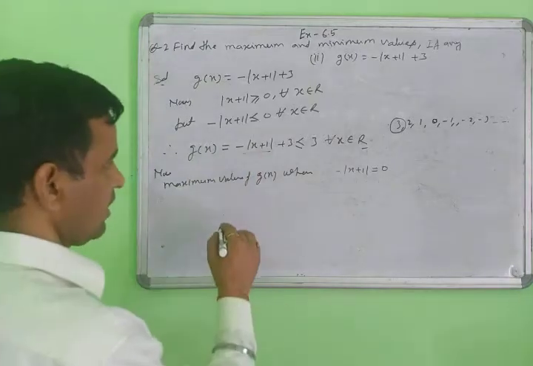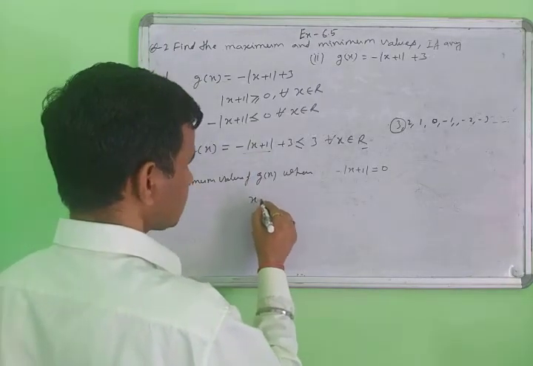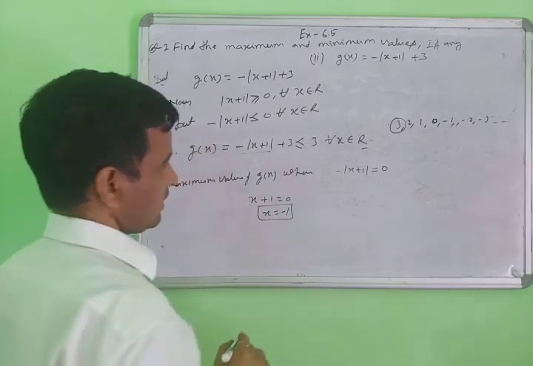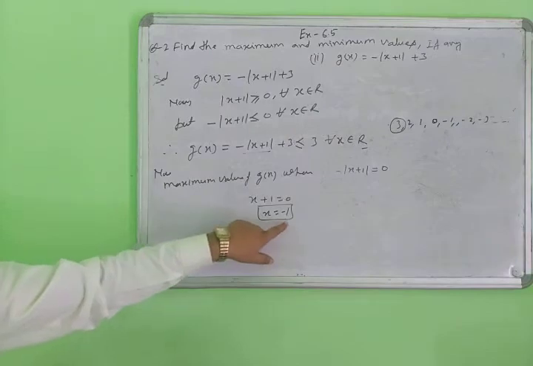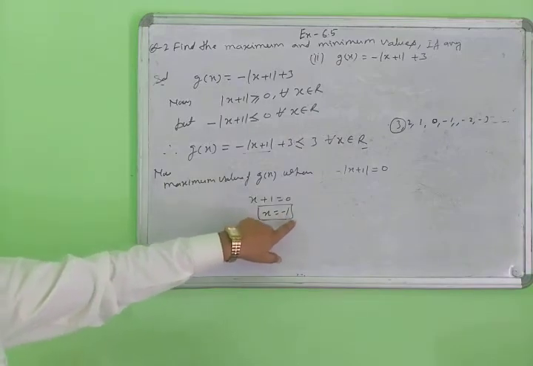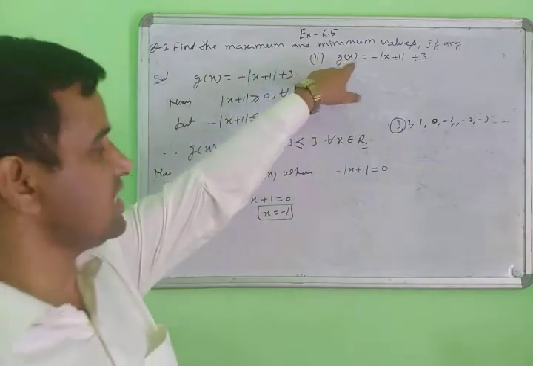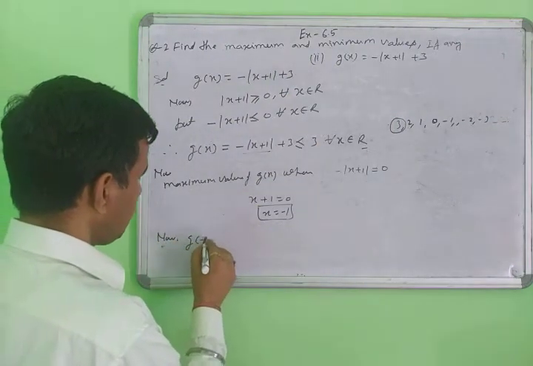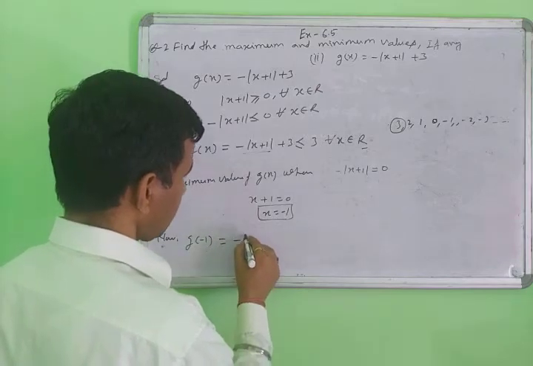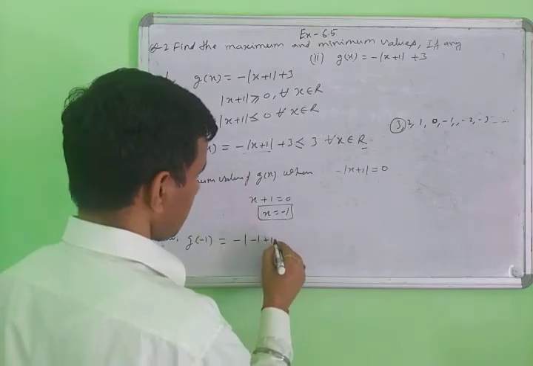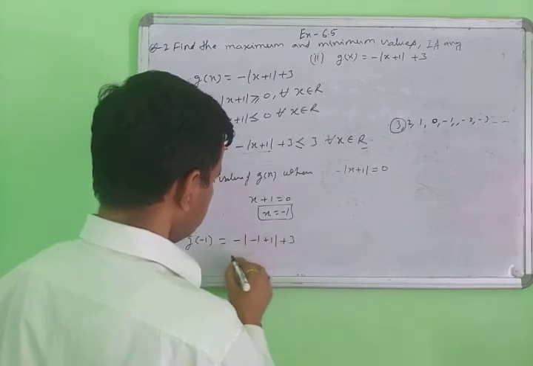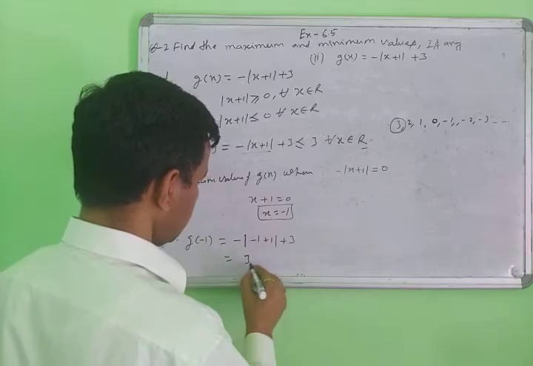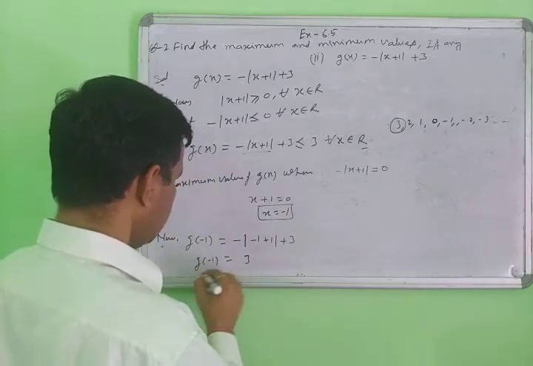So x + 1 = 0, then x = -1. This is your critical point. Putting this value in g(x): g(-1) = -|-1 + 1| + 3. The modulus term cancels, leaving plus 3.